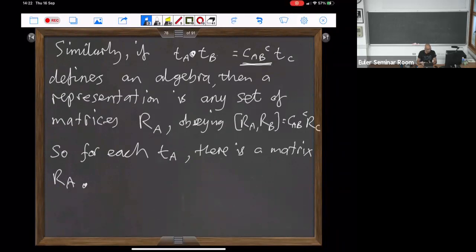A representation of that algebra would be a set of matrices which obey the same relations, where the product rule is the commutator. So for each of the TAs, there's a matrix RA. Mathematically you'd call this a homomorphism from the algebra to the set of n by n matrices.